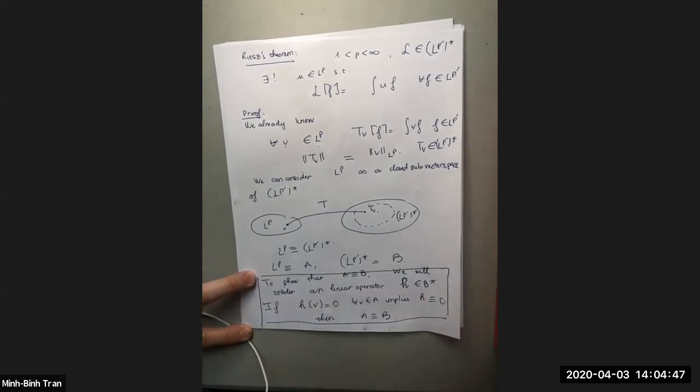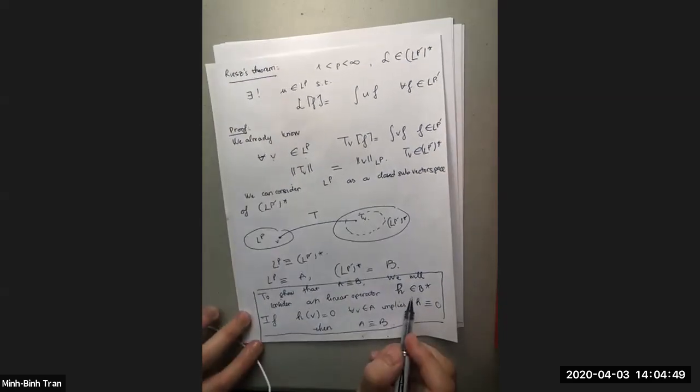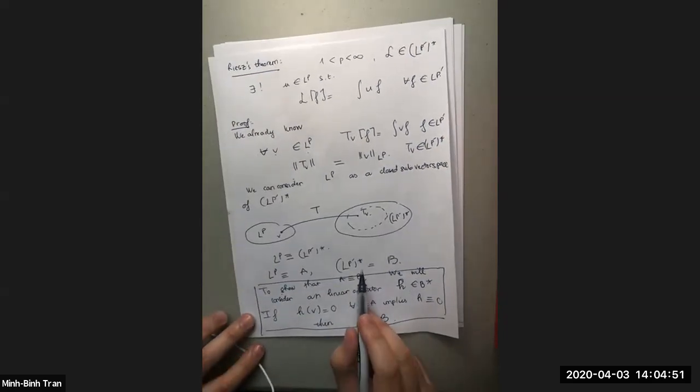So we show that any H in (L^p')** with H(v) = 0 for all v in A implies that H is 0.